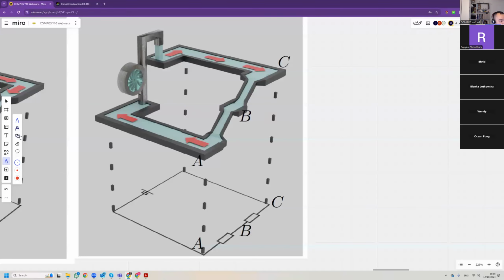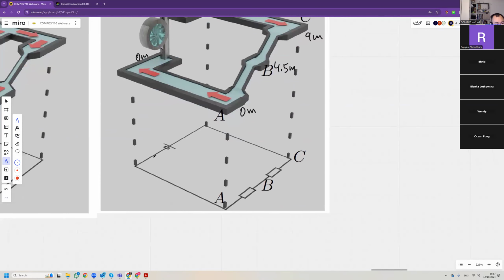So the battery takes the water from 0 meters to 9 meters above the ground. The first ramp, the first resistor, takes the water from 9 meters to 4.5 meters. And the second ramp, the second resistor, takes the water from 4.5 meters to 0 meters again. So the charges here have 0 volts of potential.